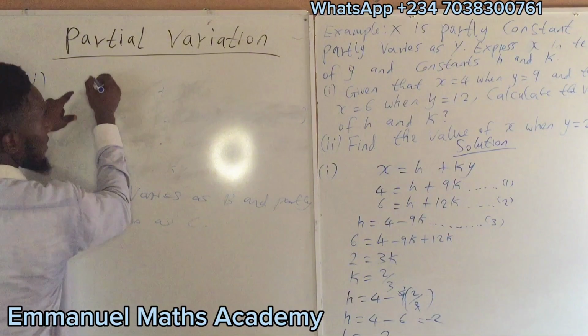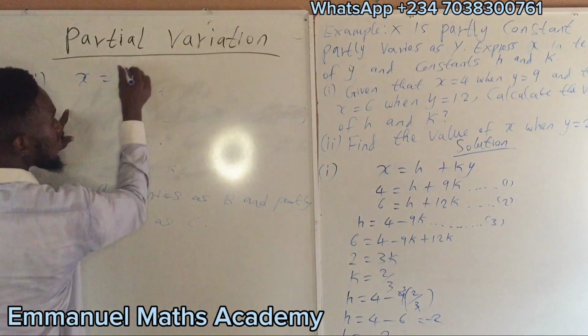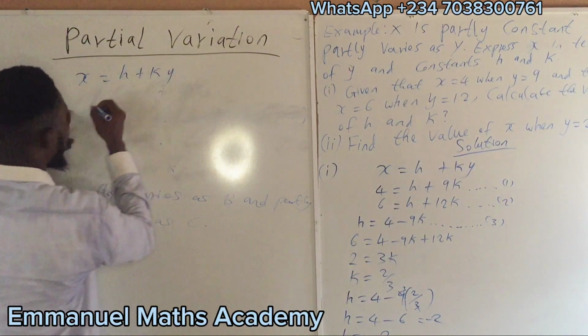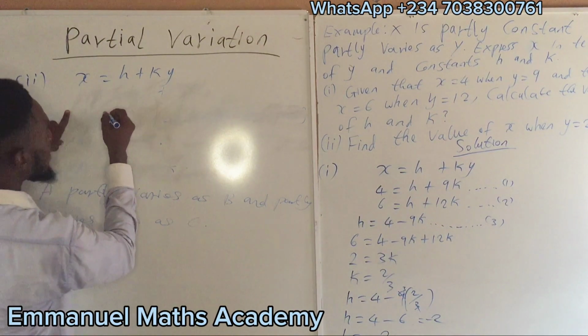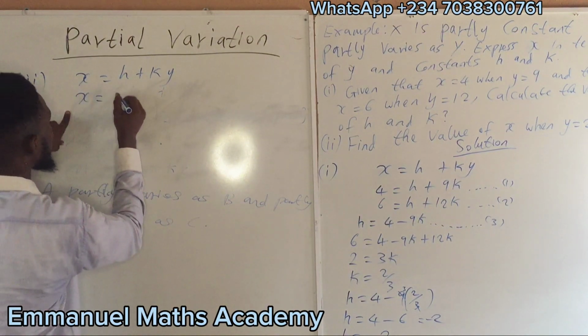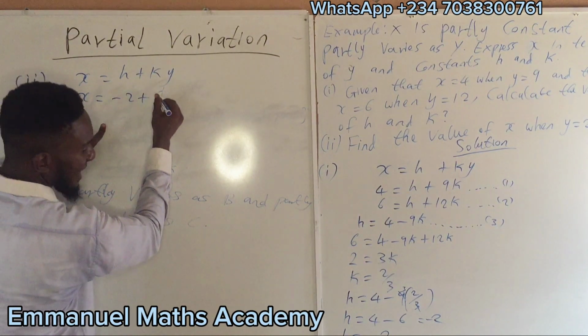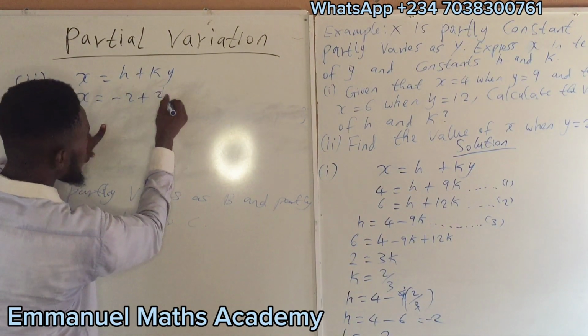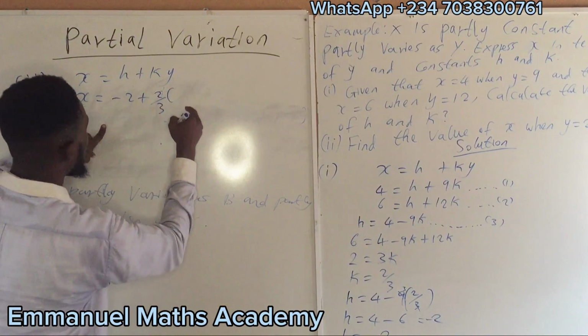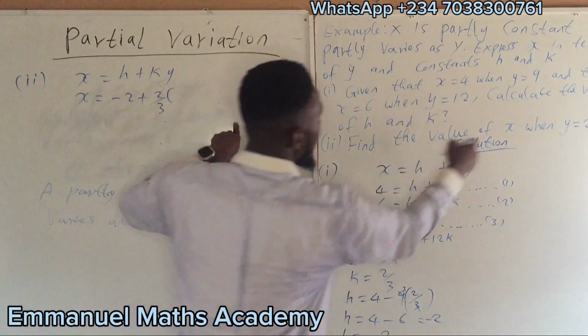From the equation which says X equals H plus KY, we should find the value of X. What's our H? Our H is minus 2. Plus, what's our K? Our K is 2 over 3. Then, what's our Y? Our Y is 24.